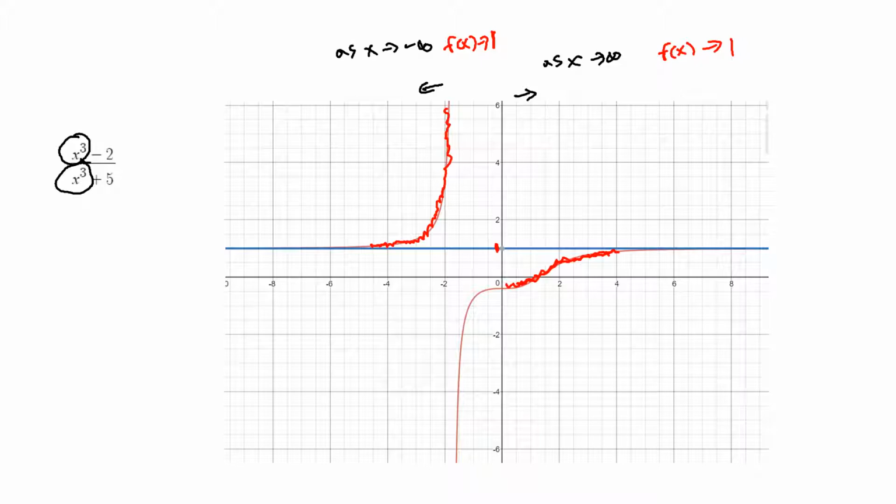In other words, we would have a horizontal asymptote at the line y equals 1. So if our exponents are the same, then we divide the coefficients. If there's a 1 here and a 1 here, we divide them and we get 1 for our horizontal asymptote, like we have here.